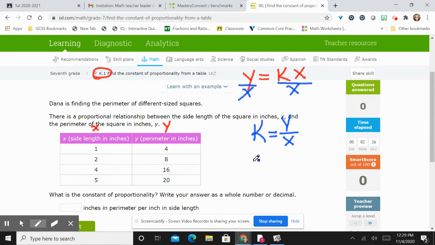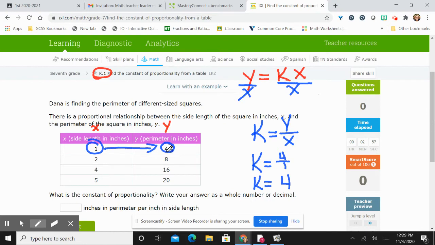So, in this case, K equals Y, 4 over 1. So, what is 4 divided by 1? K is equal to 4. Now, those that have the 1 right here, that makes it simple, because 1 is 4.